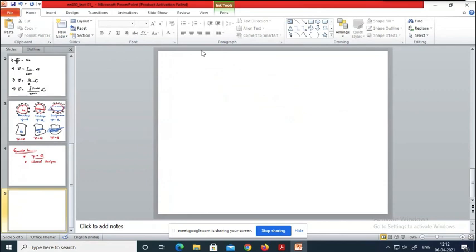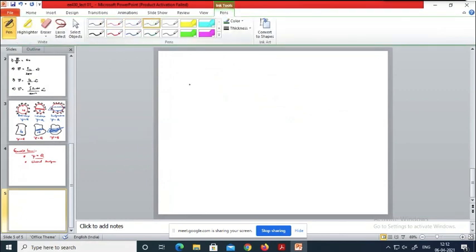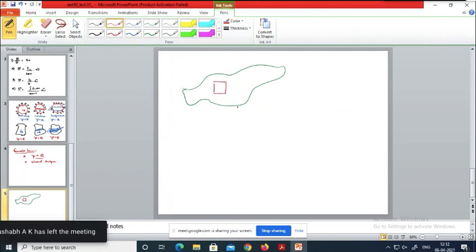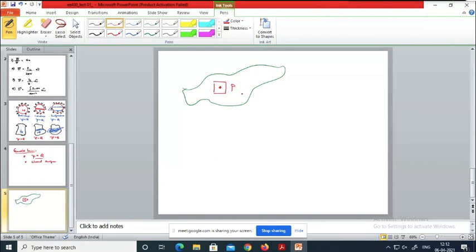So let me have some irregular shape of the surface like this, and let me have a small area here. Let the point be on the small surface as B, and let the charge be Q. The small surface I am considering as ds.